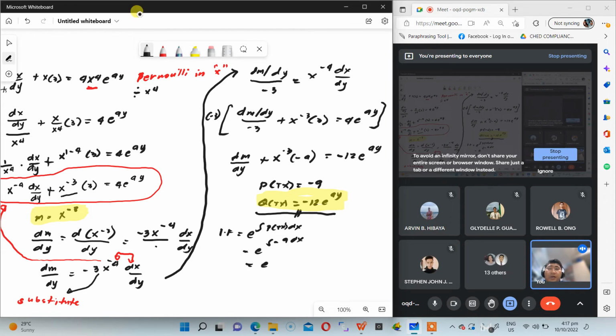Therefore, you have e raised to the power of negative 9 integral of dx, so the integrating factor is just equal to e raised to the power of negative 9x. So, that's it. Now we have the three terms. Therefore, we can solve the general solution.